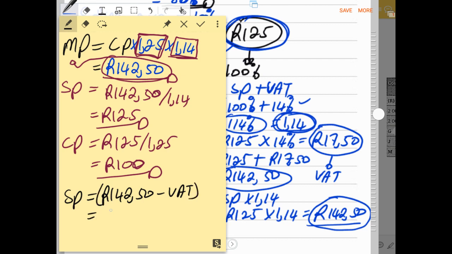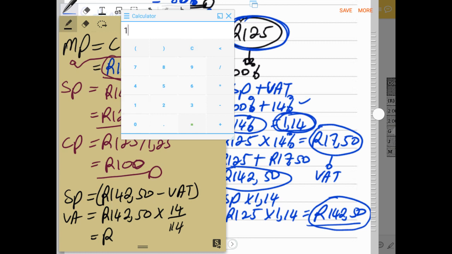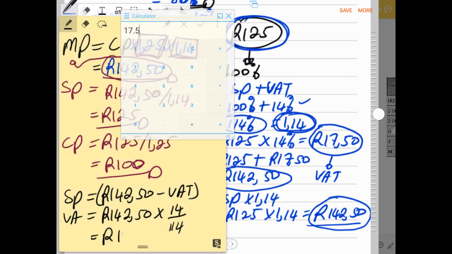How do we get to VAT? We say our VAT is equal to 142 rand 50 cents times 14 over 114. If you do that, 142.50 times 14 divided by 114, this will give us 17 rand 50 cents.